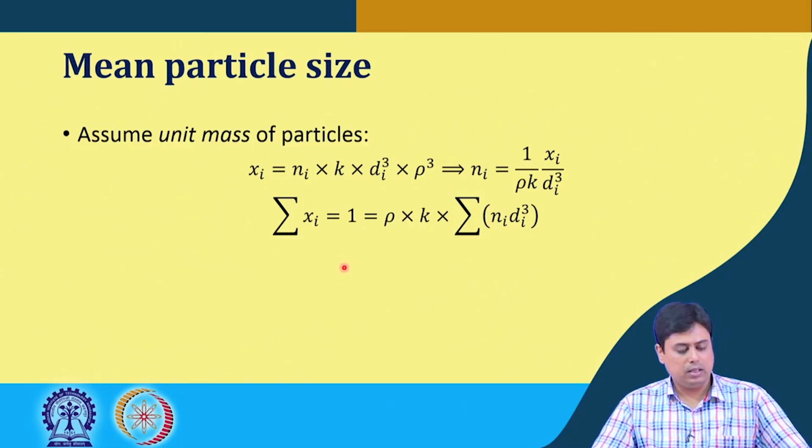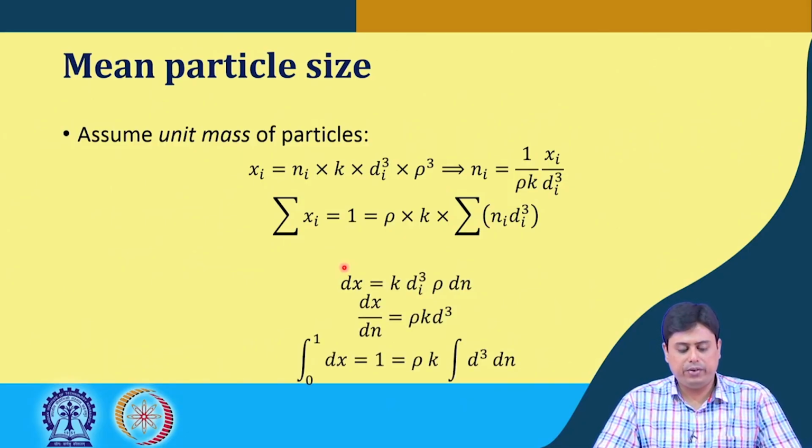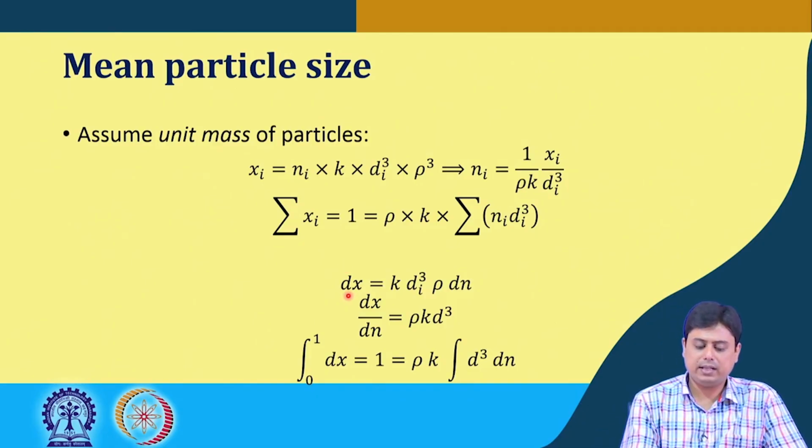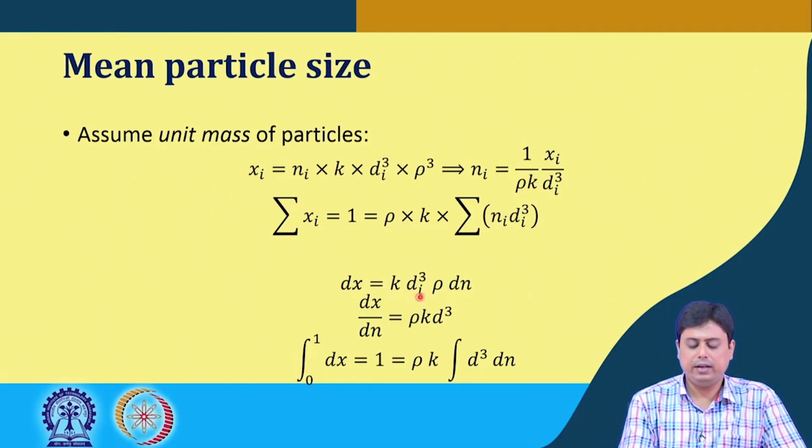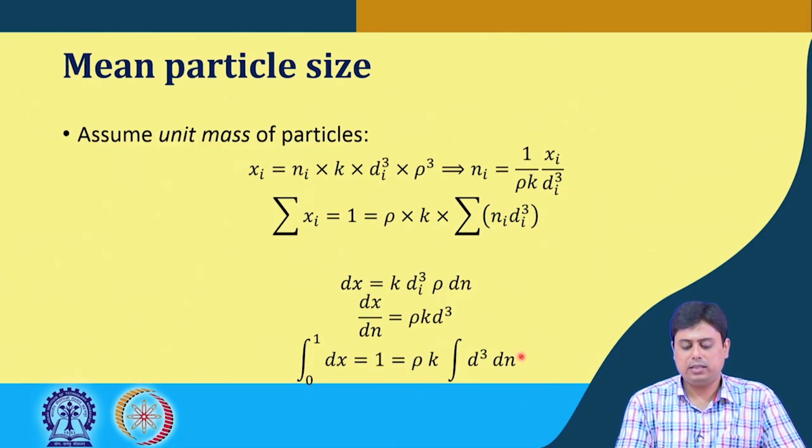Now if we try to represent the size distribution by a continuous function, then quite naturally dx is k d cubed rho times the differential number dn, and dx by dn becomes rho k d cubed. This integral, which is the summation of mass fraction from 0 to 1, is basically 1.